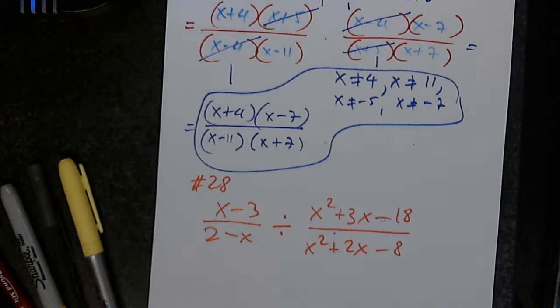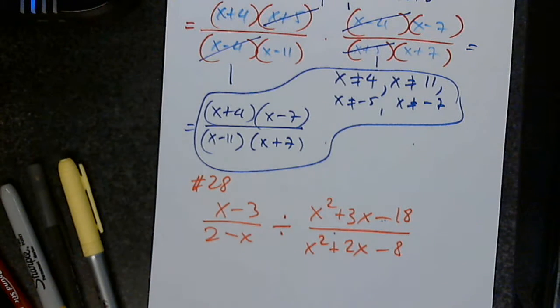I keep the first fraction unchanged, and what do I do to the second one? Change it into a product, right? So when I divide two fractions, I copy the first fraction, then I multiply by the multiplicative inverse of the second one, correct? Yes? Reciprocal. Is that okay, everyone?